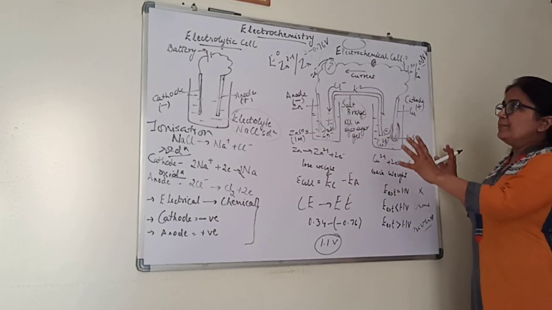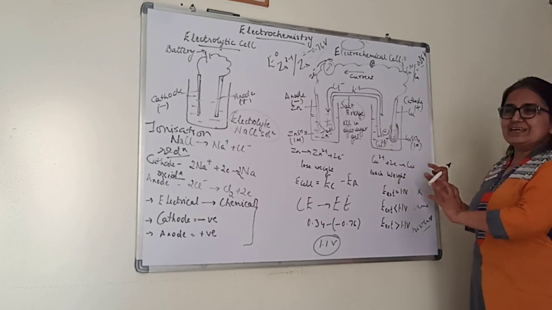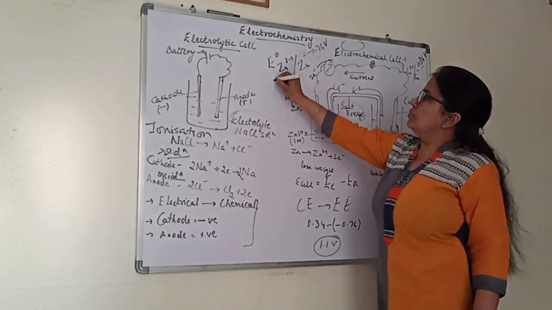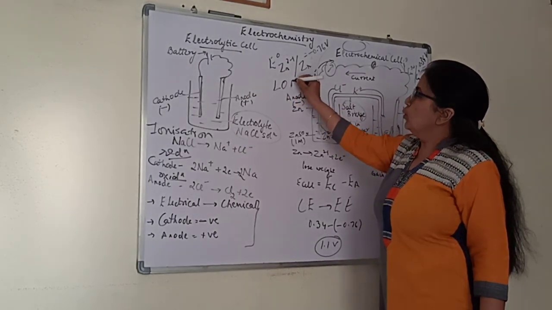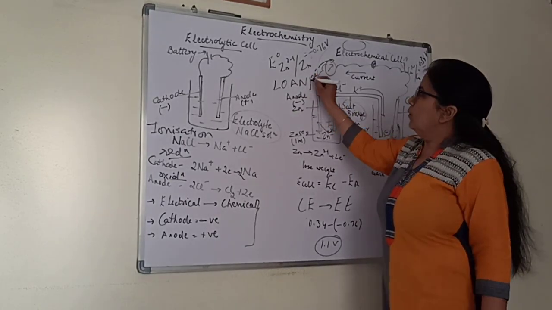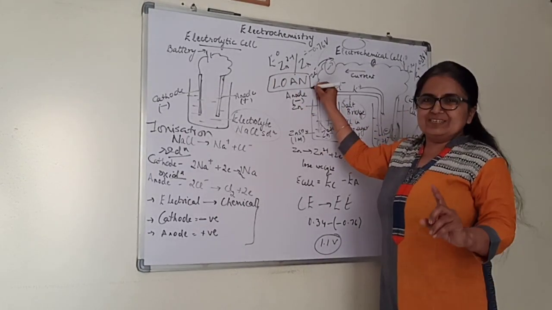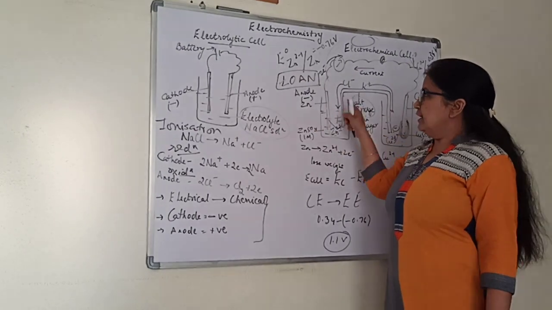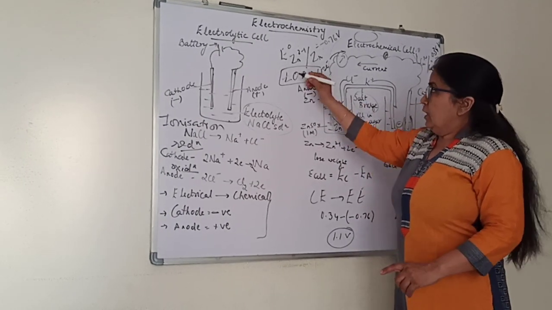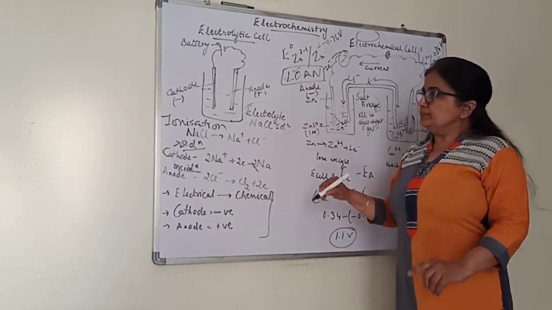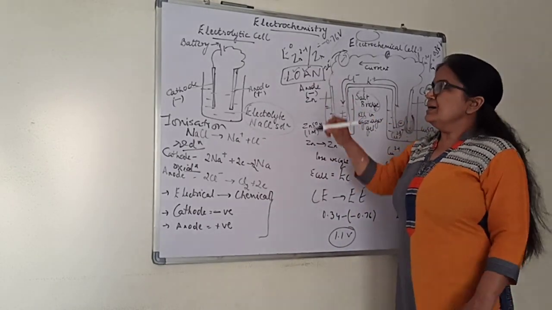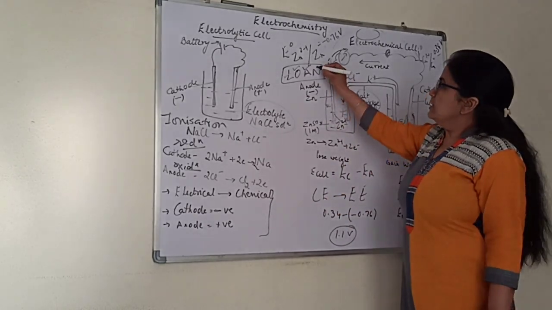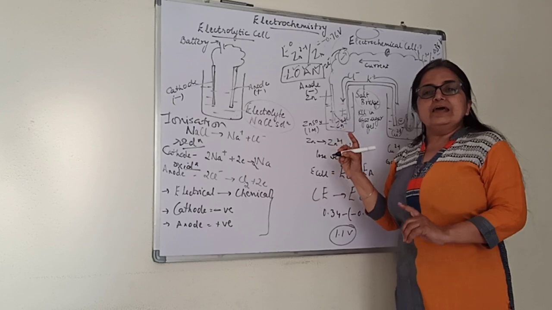Now to remember this electrochemical cell, we can also keep the spelling of LOAN in mind, which says left hand side will undergo oxidation, will act as anode, is represented with the negative sign.